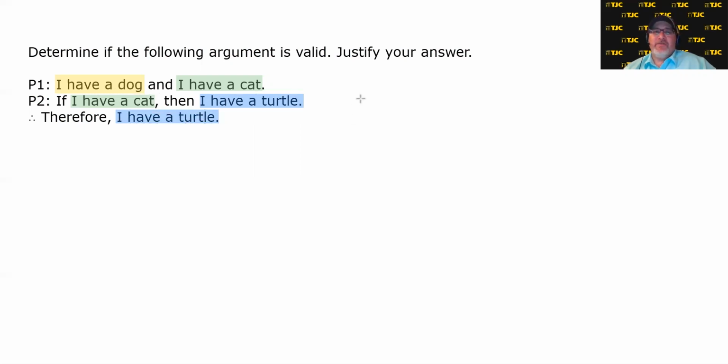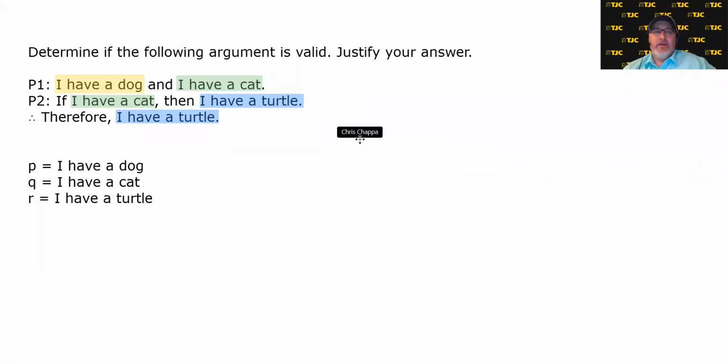I think the translation of these into symbols is not going to be that bad. Let's just use P for "I have a dog," Q for "I have a cat," and R for "I have a turtle." How would the first premise translate symbolically? "I have a dog" is P, and that's a conjunction, "I have a cat," that's Q. Premise 2: if I have a cat, that's Q, then I have a turtle.